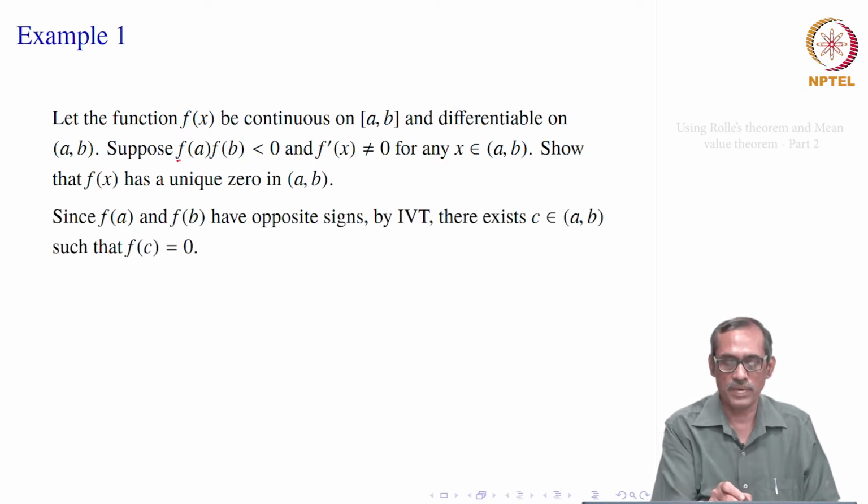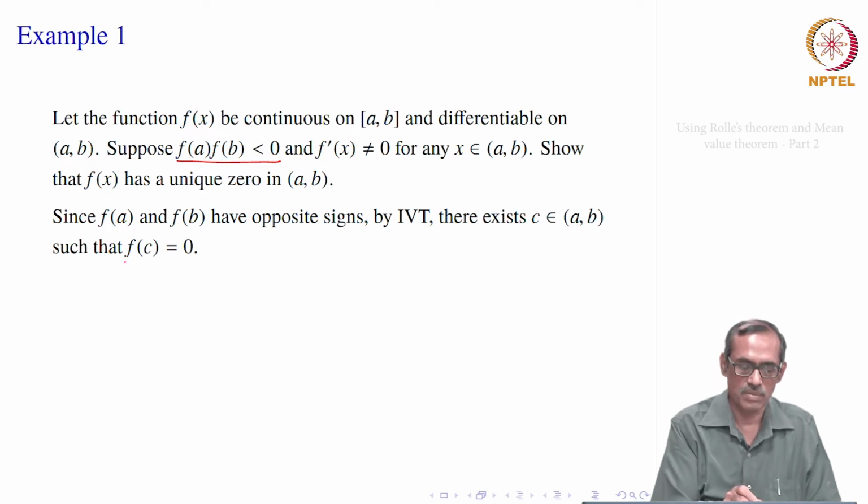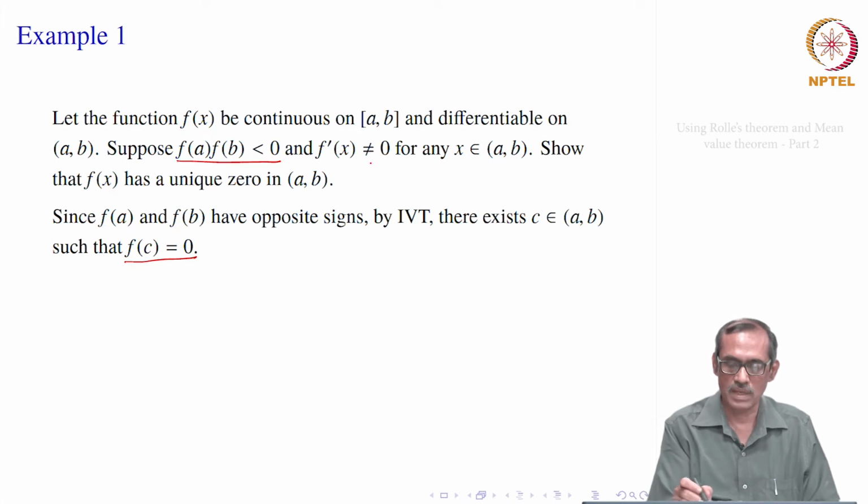Now that f(a) and f(b) have opposite signs, we can use the intermediate value theorem on the interval [a, b] to get one point c where it is equal to 0. At some point it is negative, at some point it is positive, so in between somewhere 0 must be achieved. That is what the intermediate value theorem says. So, that shows that there exists a point c such that f(c) equal to 0.